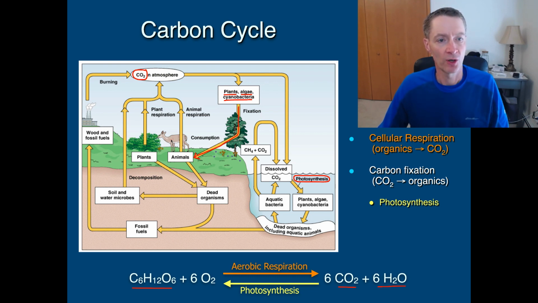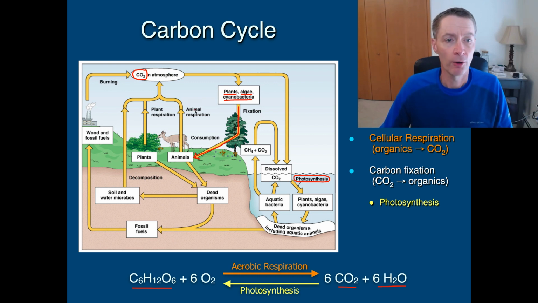Of course, you're going to have animals feed on these, and all of these organisms, whether they're animals or plants, or whether it's bacteria that are using the sugars, they are going to respire, okay? So here you have respiration going on from animals. Plants also respire. And of course, soil and water microbes also undergo respiration, all right? That's how they get their energy.